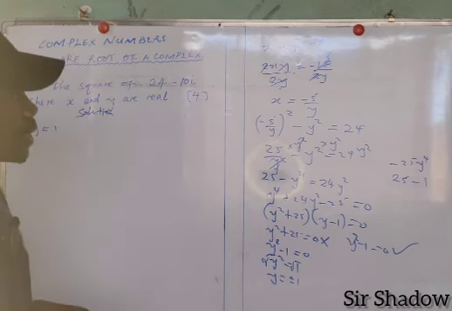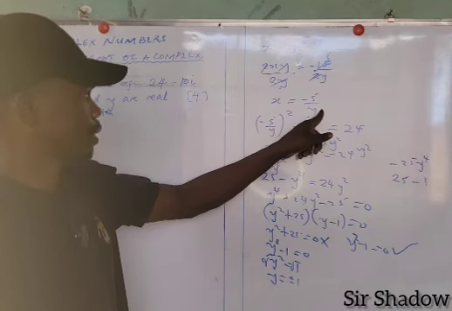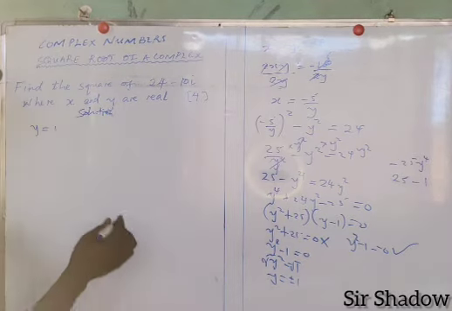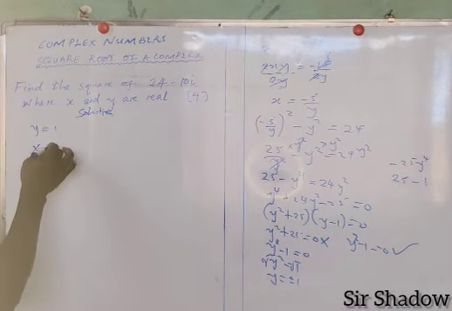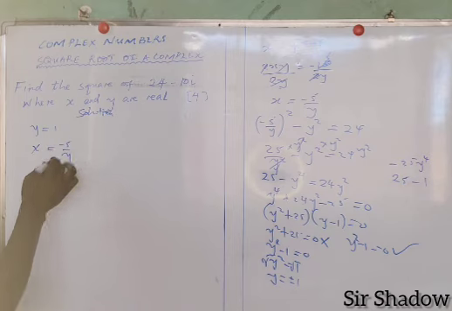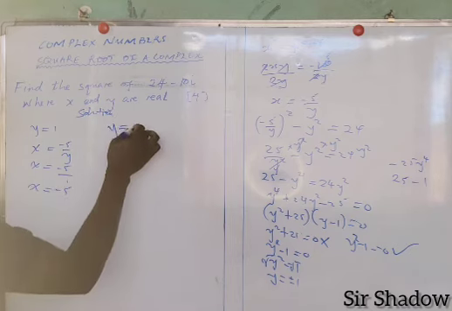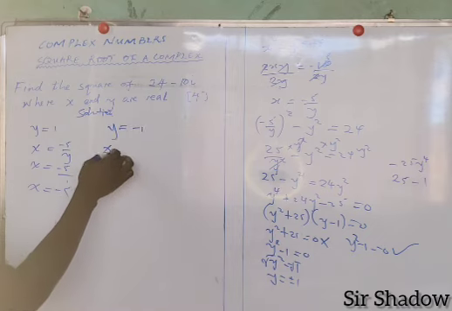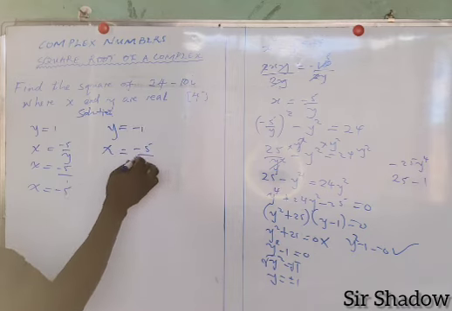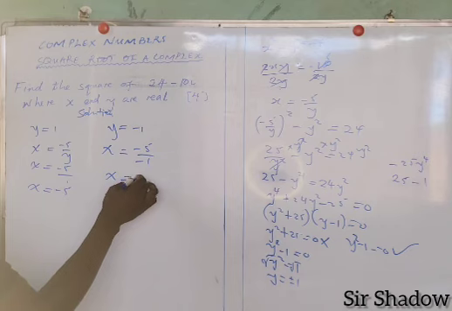When y is equal to 1, let's substitute into this: x is equal to minus 5 over y. But remember, y is 1, so x is equal to minus 5 over 1, so x is equal to minus 5. When y is equal to minus 1, x is equal to minus 5 over minus 1. Therefore, x is equal to 5.